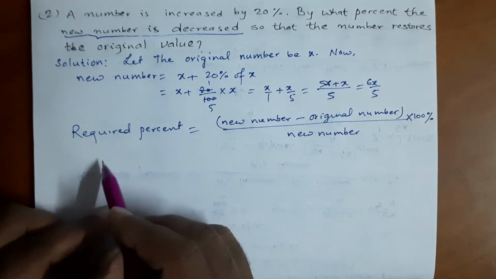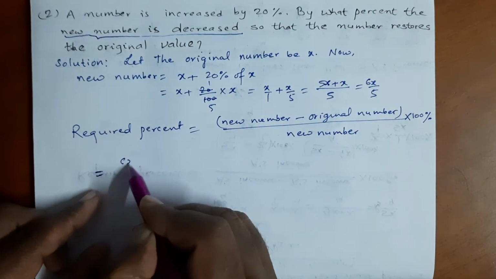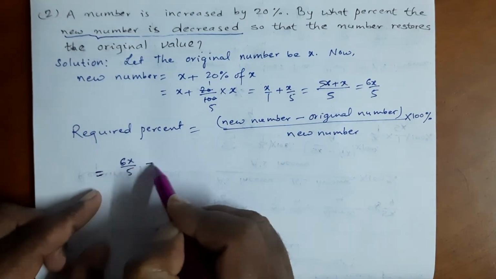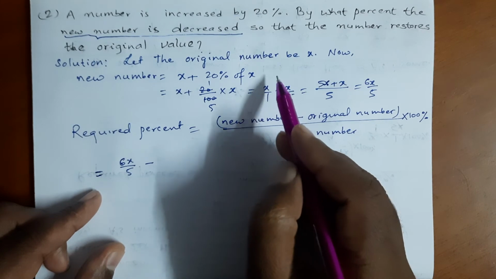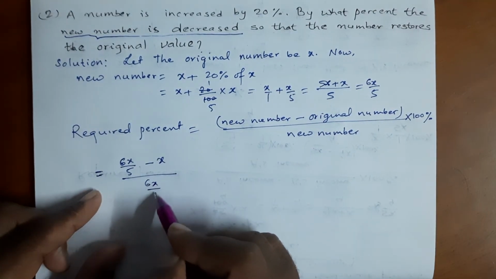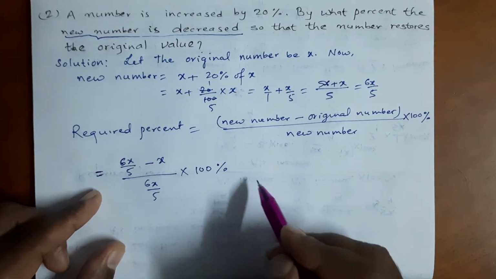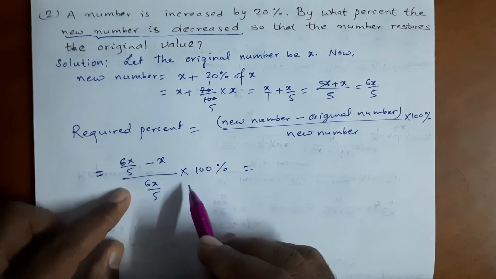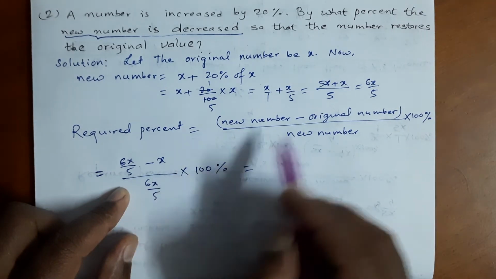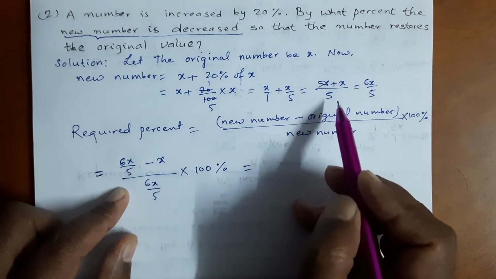Okay, so new number is 6x over 5 minus original number is x over new number is 6x over 5 times here 100%, and here like before, this detailed process I will not do here. Okay, you have understood, I hope.